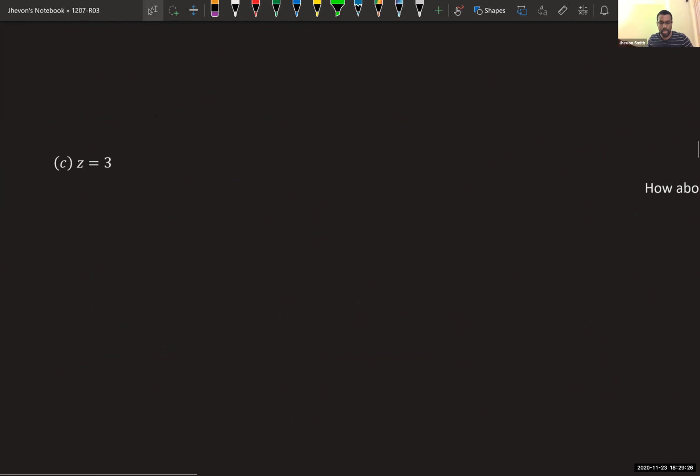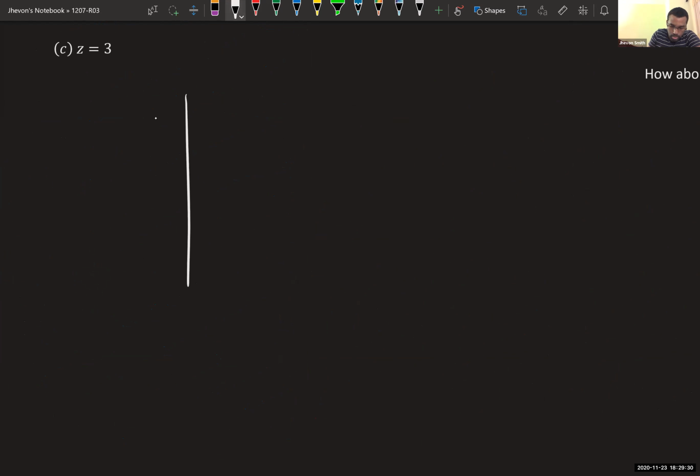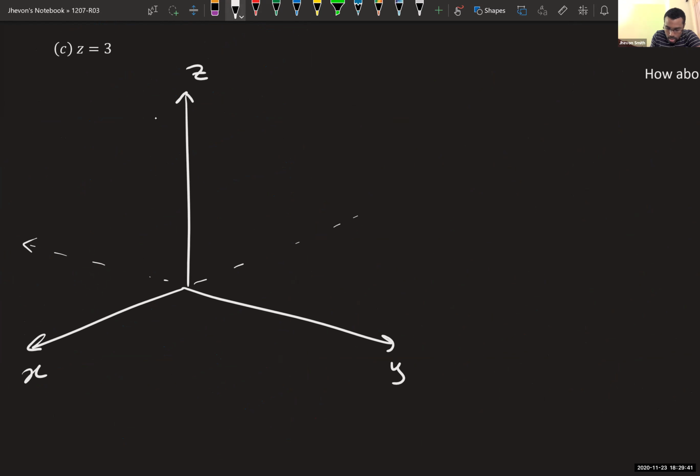If we look at something like z equals a constant, we can sketch that as well. This continues to go there, this continues to go there, this continues to go there. So here is 3. And now, let me move that down.